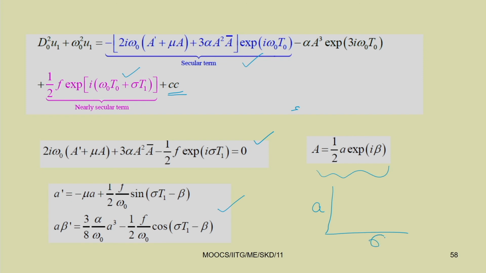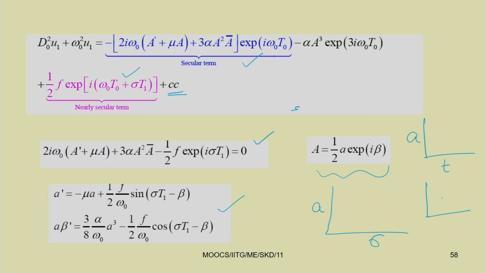This is known as the frequency response plot. This will be given as an assignment. For steady state, you can also plot a versus t, how a varies with time and how gamma and beta vary with time.